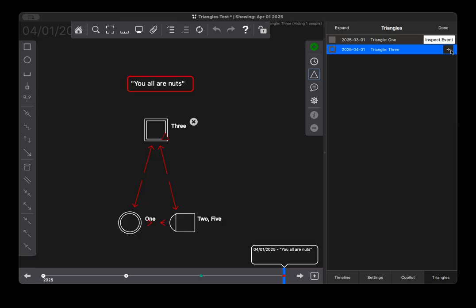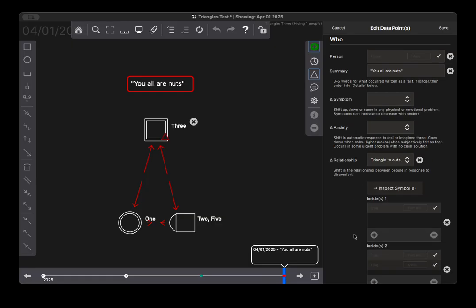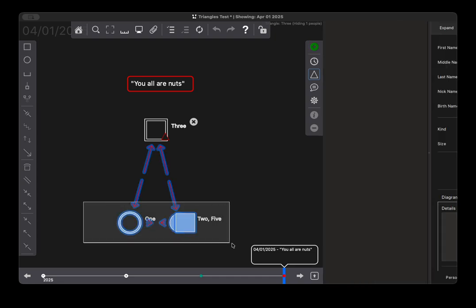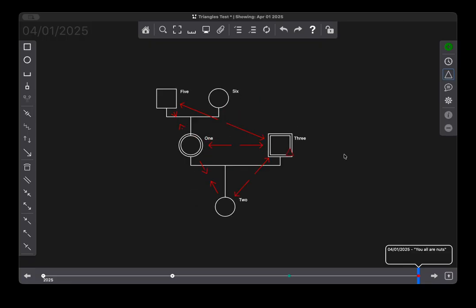The button over here just jumps to the event to edit the event that this triangle row represents. So here's the 3 moving to the outside with 1 and 2 and 5 on the inside, right here, 1, 2, 5. Anyway, that's the triangle view.